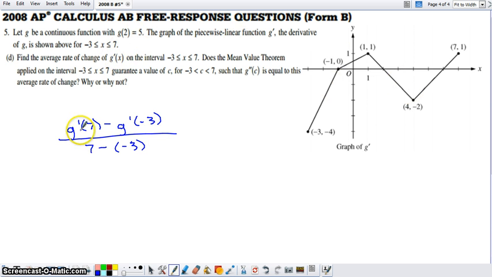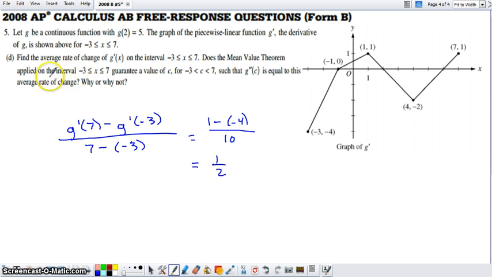So we can steal these numbers right off of the graph. g prime of 7 is 1, they give that to us, minus g prime of negative 3. So g prime of negative 3 is negative 4, they give that to us on the graph as well. And then 7 minus negative 3 is 10 in the bottom, so we're looking at positive 5 over 10, or 1/2 for the average rate of change of g prime on this interval.